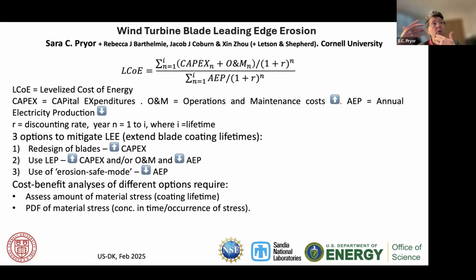And we'd like to know when that maximum stress occurs. Is it when electricity prices are actually pretty high, in which case that would feed into greater revenue losses if we go to operation safe mode? So from an atmospheric scientist's perspective, I'm trying to do the best job I can to quantify these atmospheric drivers and aid the industry in terms of thinking about these different options.